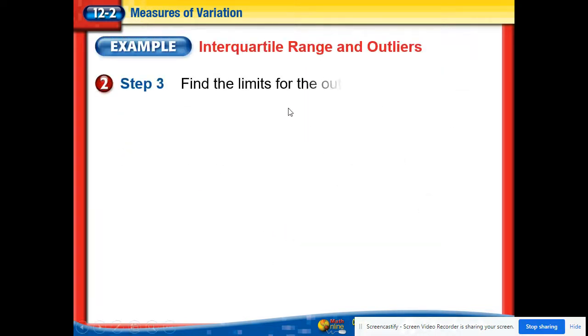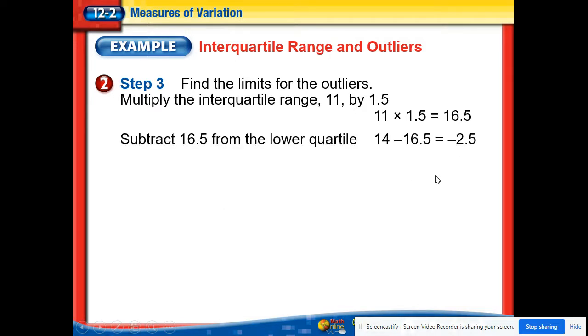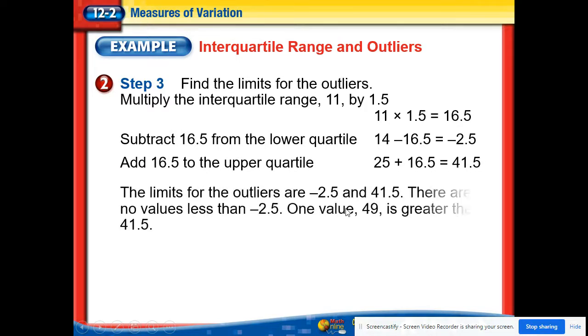So to find the IQR, we just subtract those, which gives 11. Now to find the outliers, we multiply that by 1.5, which is 16.5, subtract it from the lower number, which gives -2.5, and add it to the upper, and we get 41.5. So we're talking about the numbers between -2.5 and 41.5.